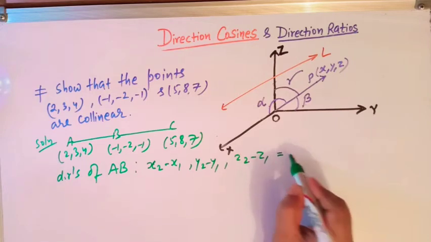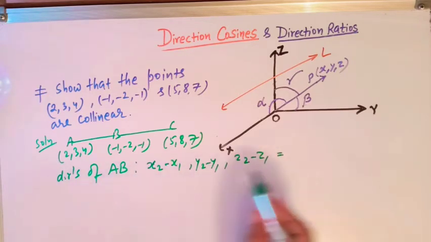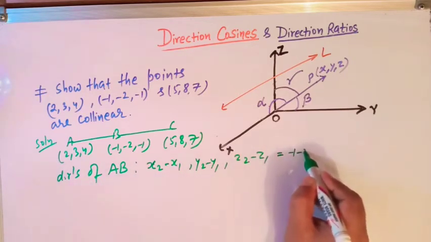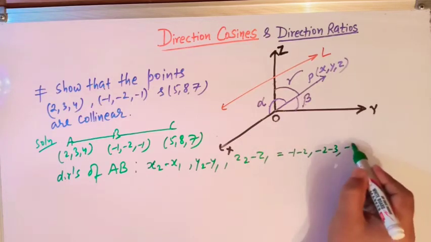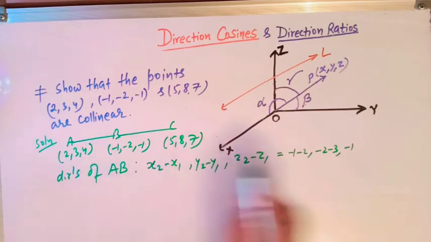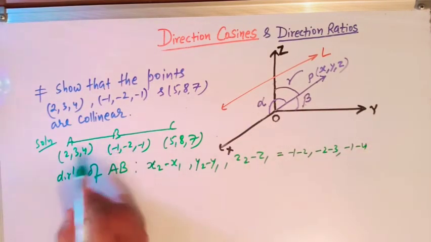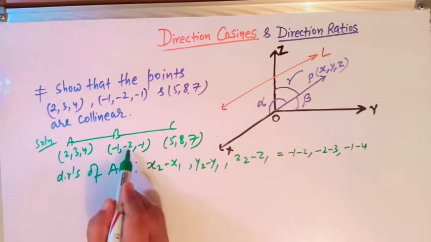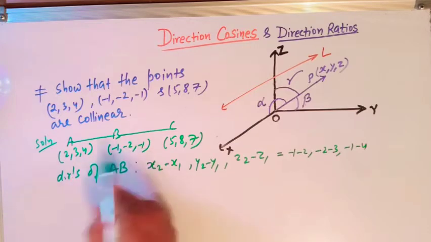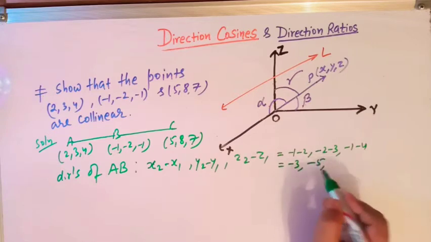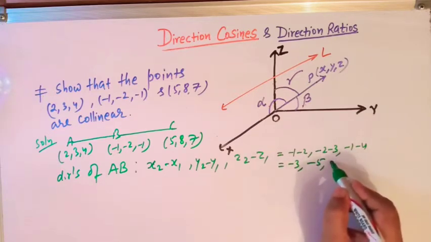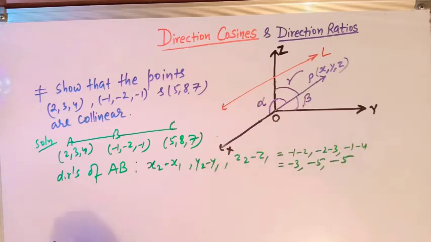So here the DRs of AB are minus 1 and minus 2, then we have minus 2, minus 3, and then we have minus 1 and minus 4, right? So x2 minus x1, then y2 minus y1 and z2 minus z1. So these are minus 3, minus 5 and minus 5, right?